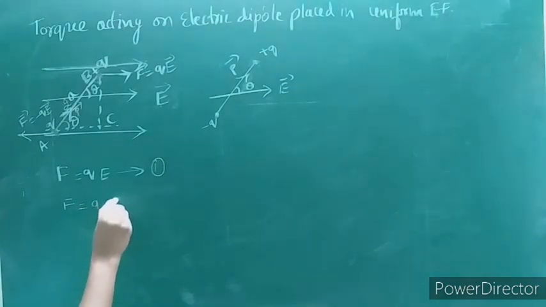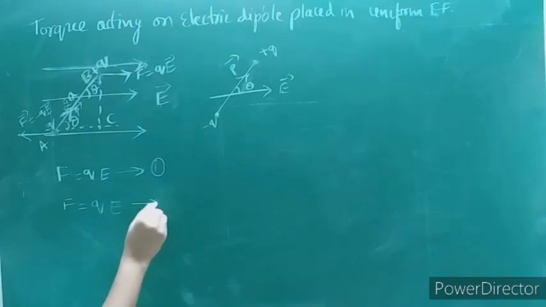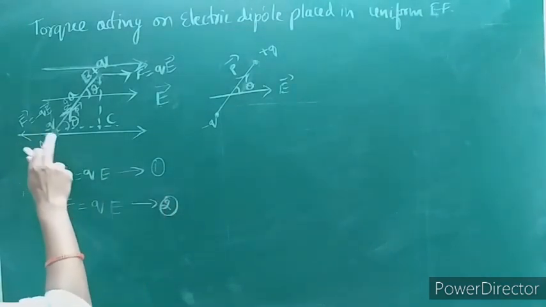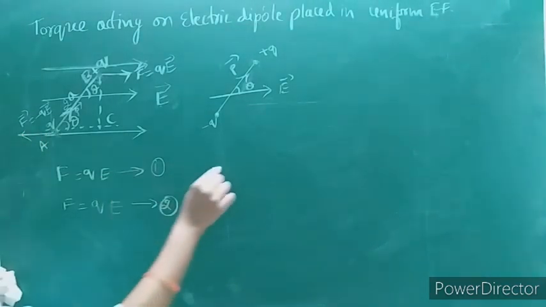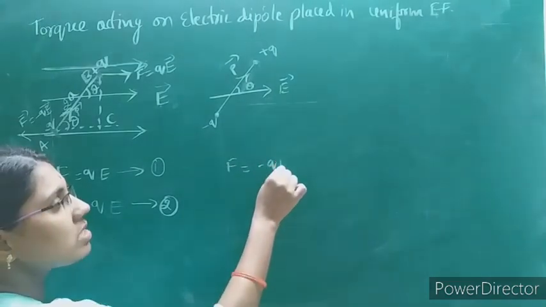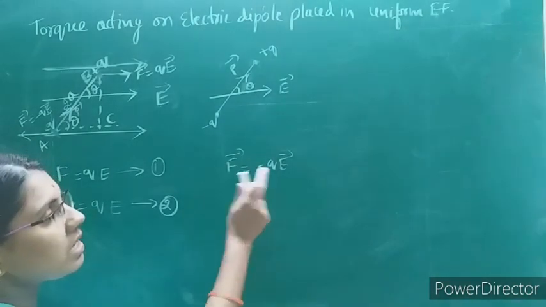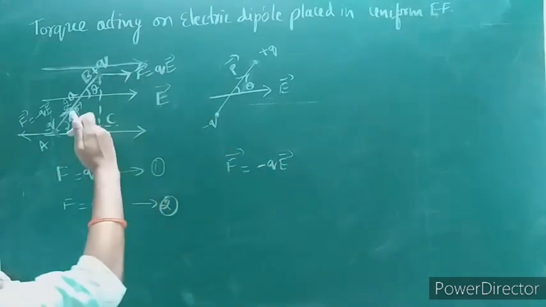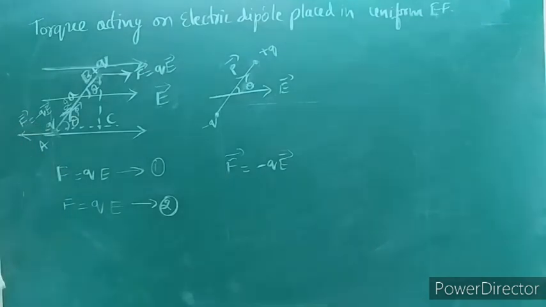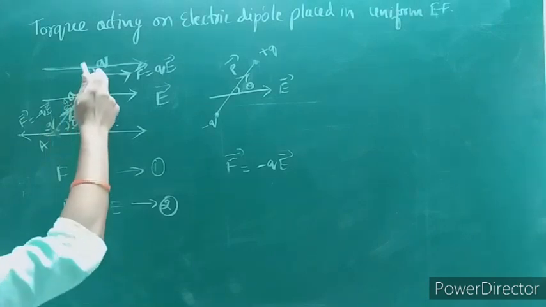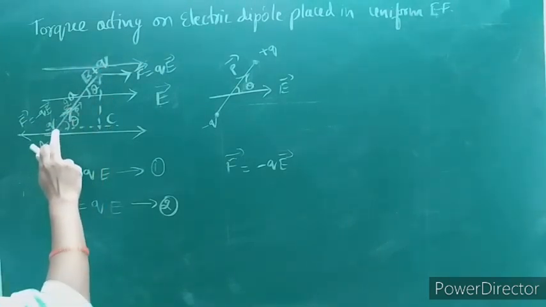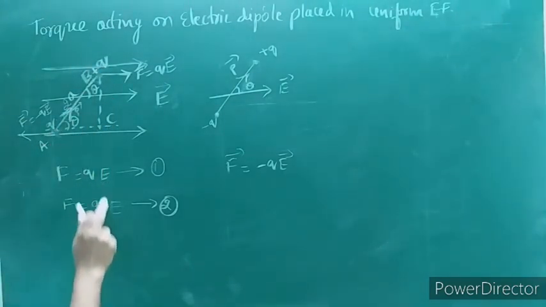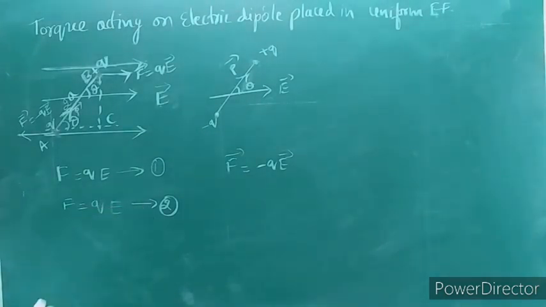But the direction of the force acting on the negative charge is, since here we are considering a negative charge, opposite to the direction of the electric field. This is the direction of the electric field, but the force is acting in the opposite direction, right? So see, the forces acting on the positive and negative charges are equal in magnitude but opposite in direction.